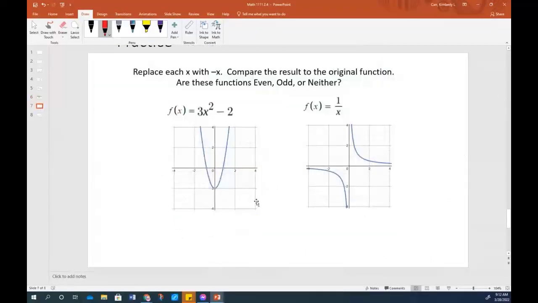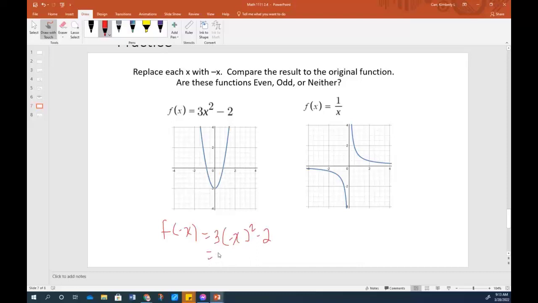So now let's look at this then. These are some graphs we saw before, but if we only replace x with negative x, okay, and that is the only thing we're going to do, if I take f of negative x, I have 3 times negative x squared minus 2.